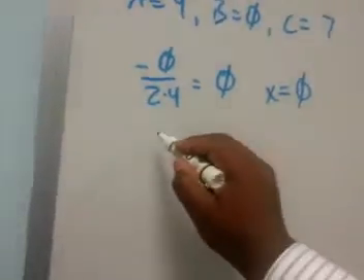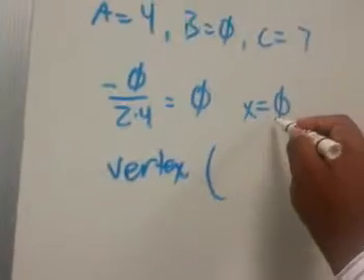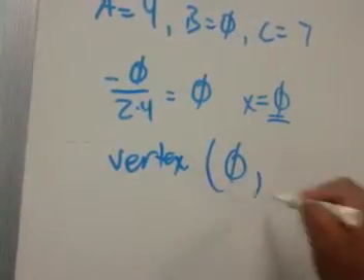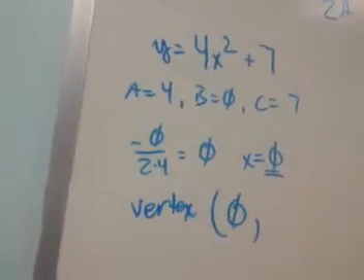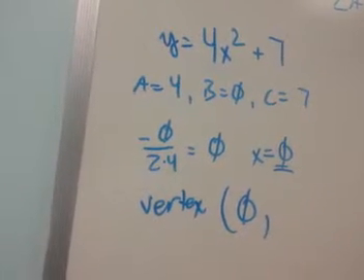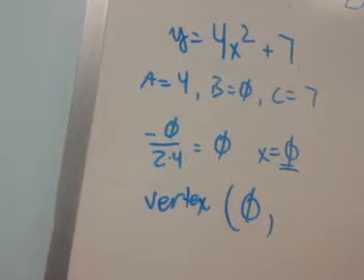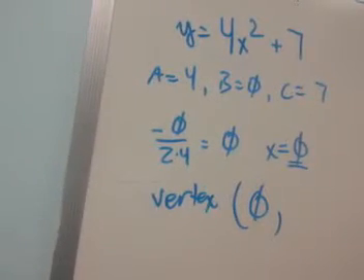Okay, so now let's try to find the vertex. We already have the x because it's 0. And we just plug the x into the original equation. If we do that, 4x squared, if x is 0, 4 times 0 squared is 0 plus 7.